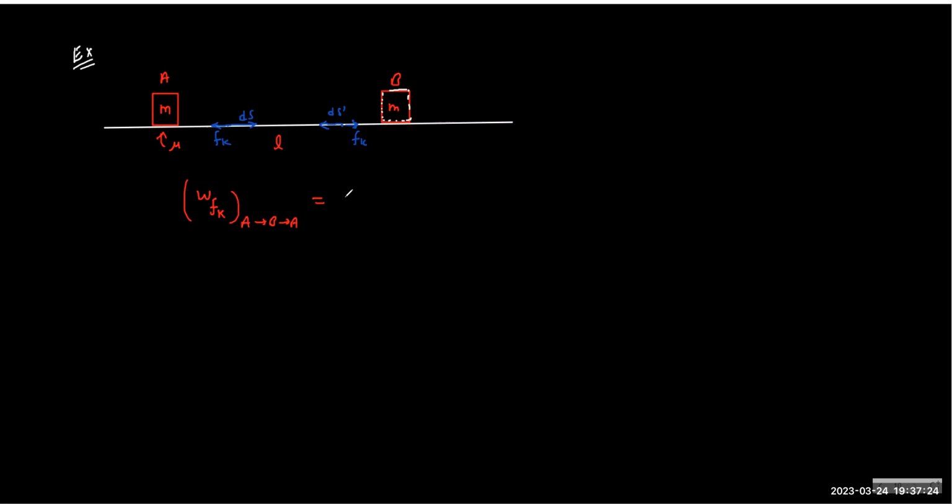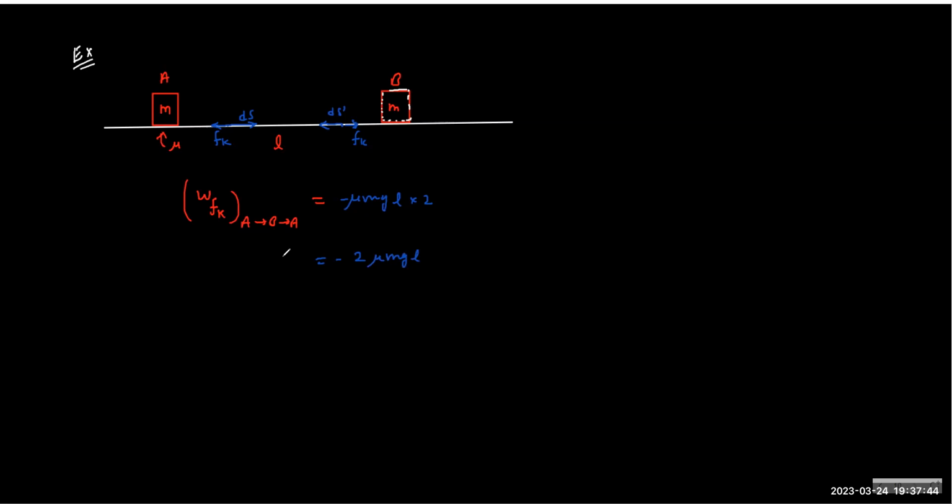It is non-zero. Do you realize this? Yes, sir. So in fact, it will add up, which is actually minus mu mg L twice. So your answer is actually minus 2 mu mg L. Is this clear? Yes, sir.